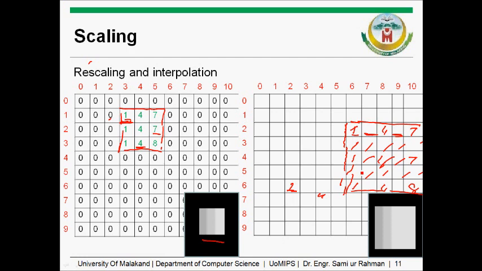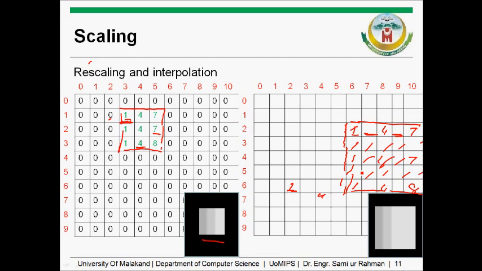The actual scaling was like this in my mind, but I was interested in this interpolation, so for that purpose I explained it in this way. The original position should be the same, but I am interested in these empty pixels from this rescaling.